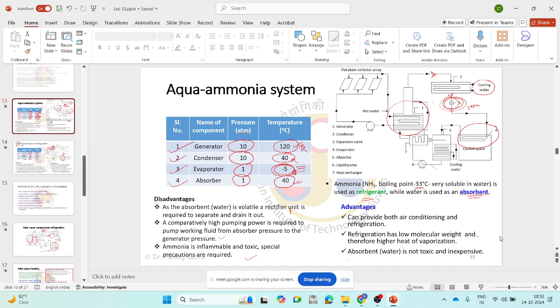Okay, the question you have asked is, which factor affects the COP of an aqua ammonia absorption system?